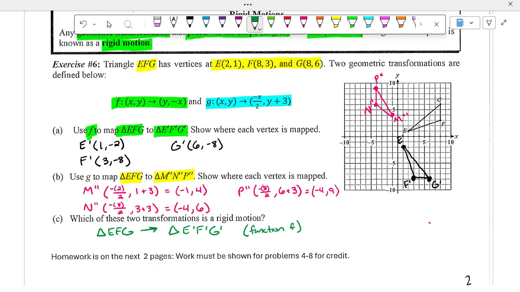Can anyone take a guess why G changed the size? What operation in this function do you think changed the size of the shape? Was it the x being divided by 2? Right. If you divide or multiply anywhere in the point, it's going to change the size. Adding and subtracting just changes position. But as soon as you multiply or divide, that's when it changes size.